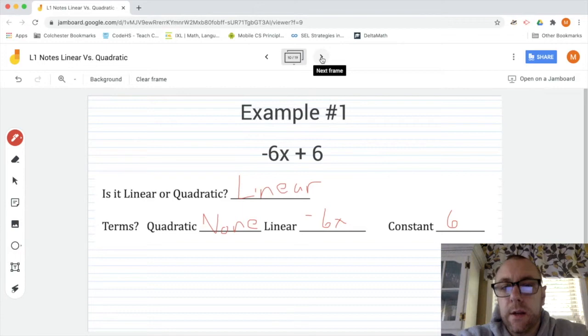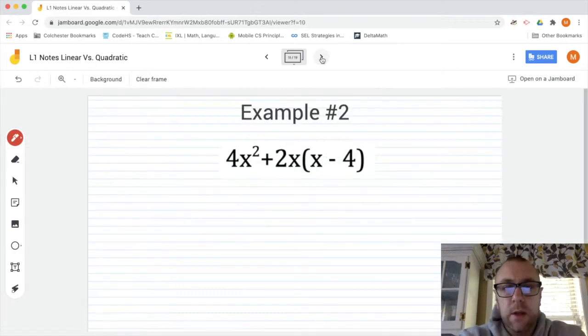Okay. The next example, you'll notice I don't have to worry about this 4x squared, but I do have to distribute this 2x in. So what I'm going to do is I just write 4x squared. Now, 2x times x.